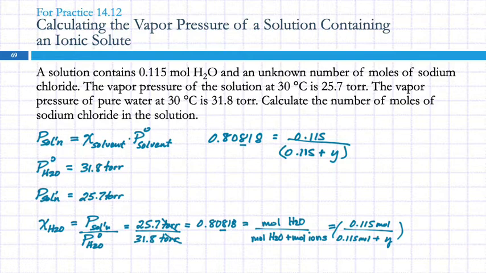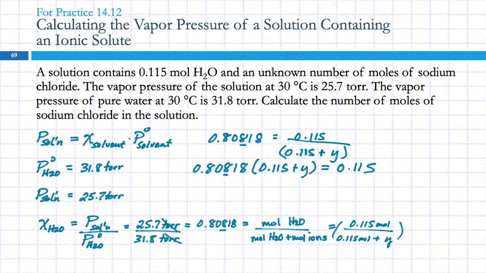So cross multiply this. Get rid of the fractions. Then here we have to use the distributive property. We have to distribute this to both of these.